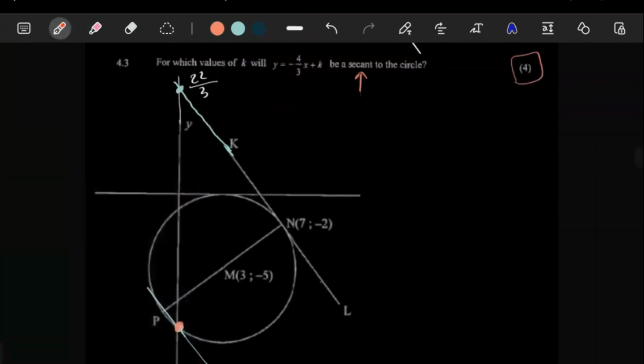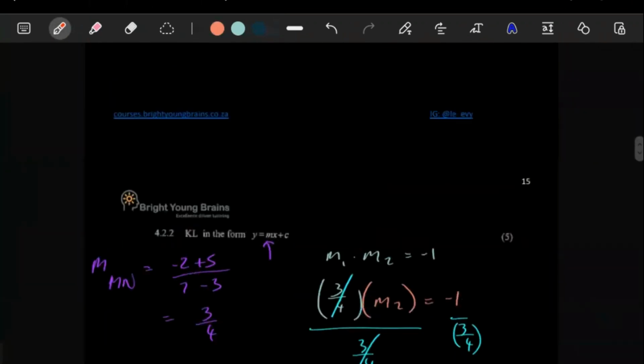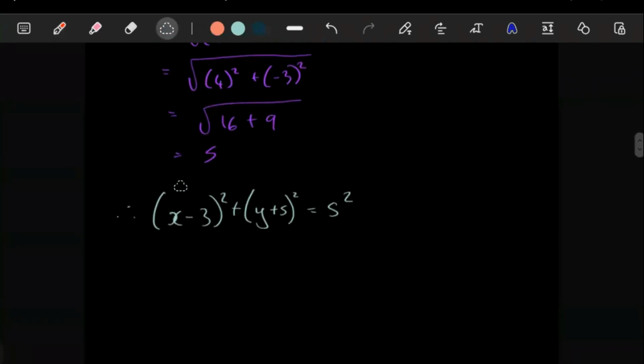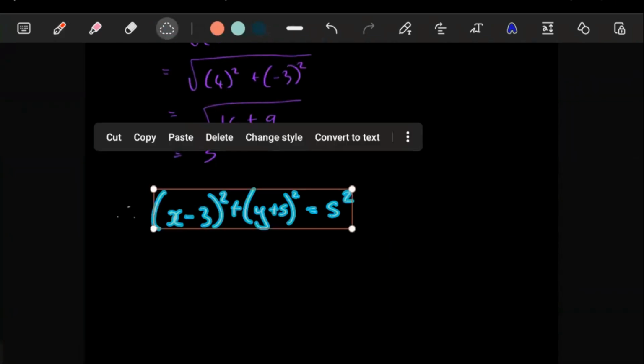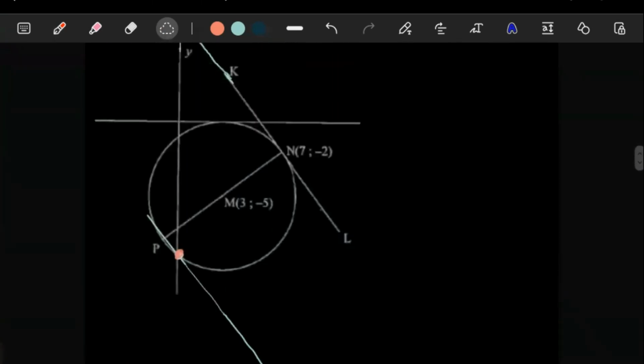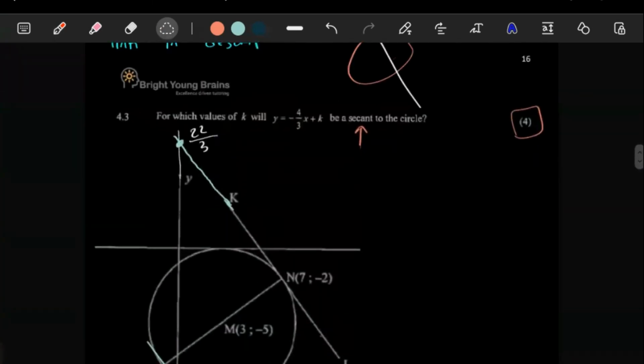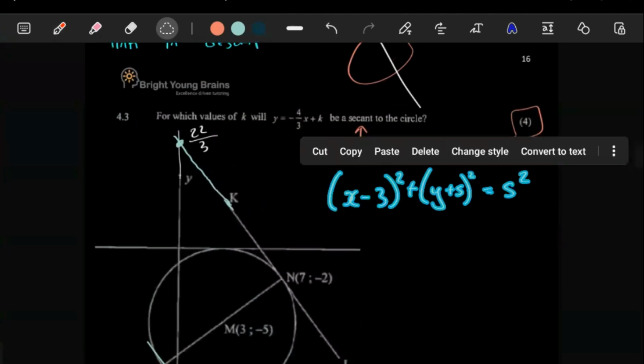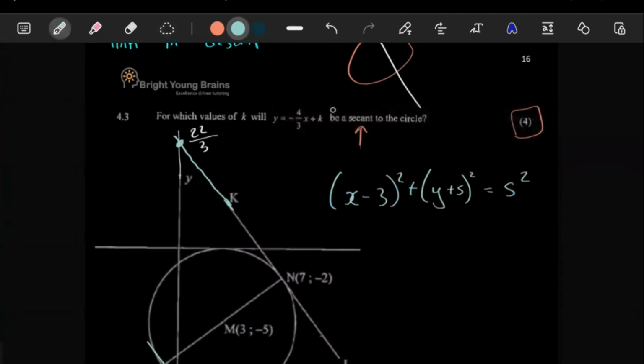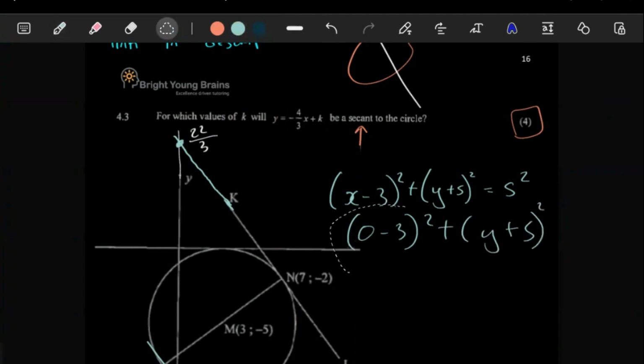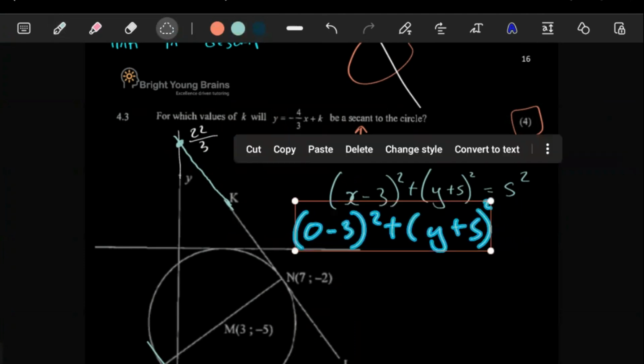The y-intercept of our circle, we can get by using the equation of our circle. To get a y-intercept, you have to make x a 0. So that's not a big deal. Let's make our value of x here 0. We have (0 - 3) squared plus (y + 5) squared equal to 5 squared.